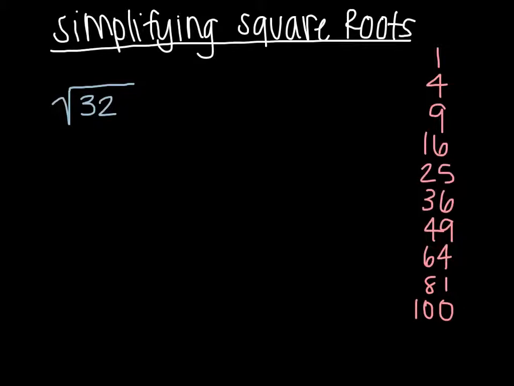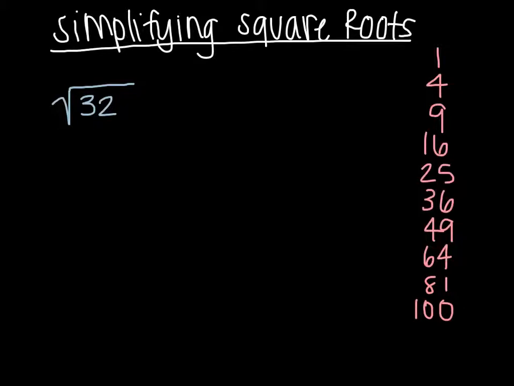Now you would say to me that you know that answer is not an integer. The square root of 32 is not a whole number. However, you can tell me around where you think this answer might be.